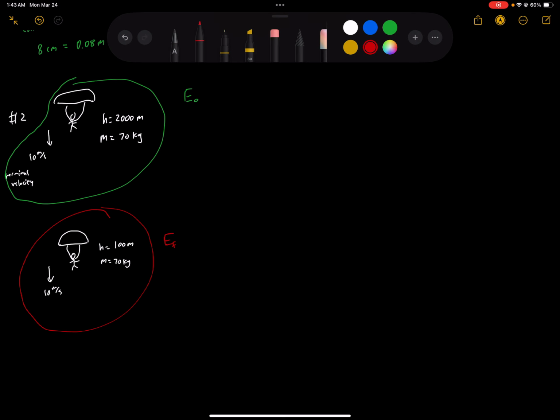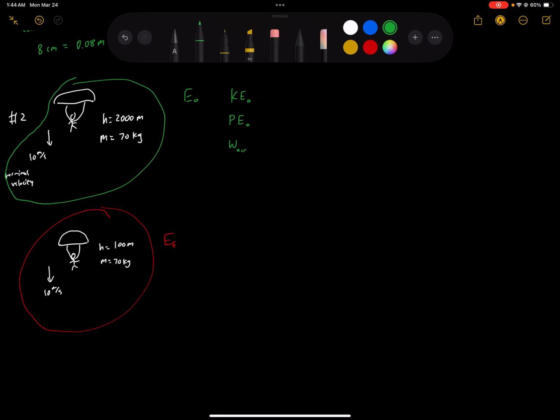So for this problem, all you need to do is specify how much energy he has and see how the energy is split up. So we're going to look at his initial kinetic energy, his initial potential energy, and the work done by the air resistance.